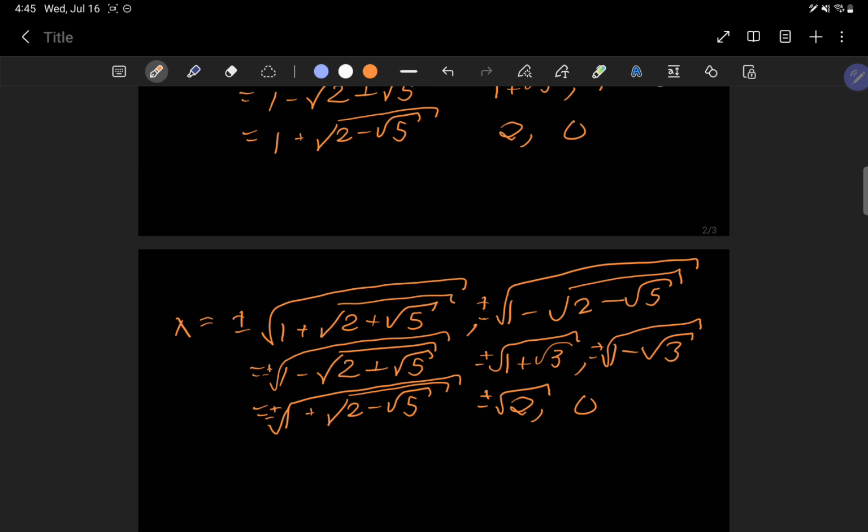But honestly, if we're trying to find all the solutions, it's okay to have the negatives under the radicals because you get complex roots, which is fine. But if you're only interested in the real solutions, you can just say, oh, well, this 2 minus square root of 5 is negative. We'll just toss that one out. And so you can just keep that in mind if you're only interested in the real solutions.